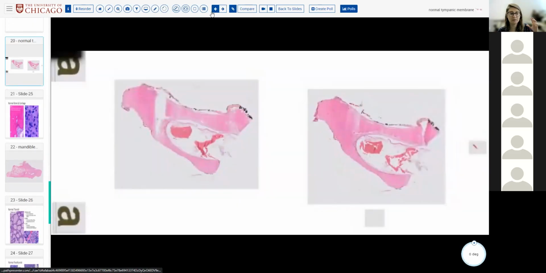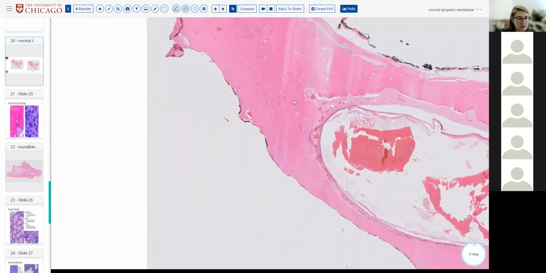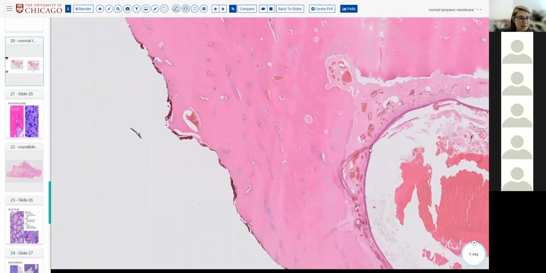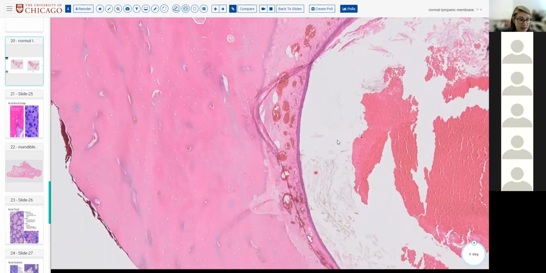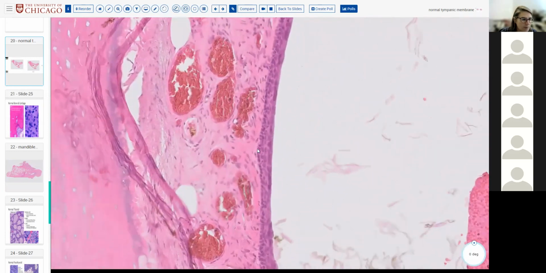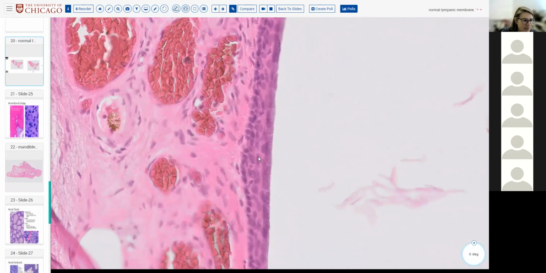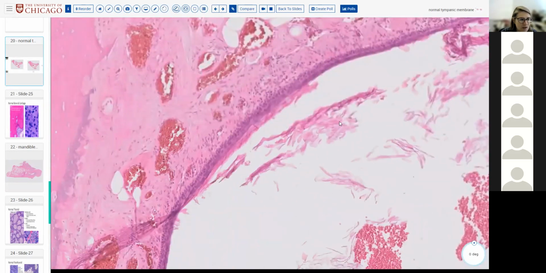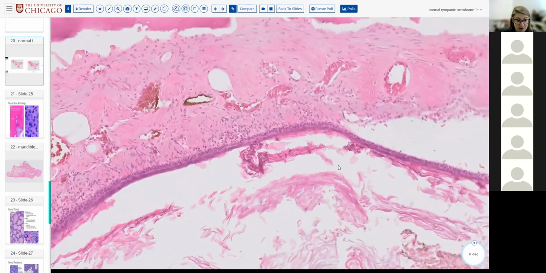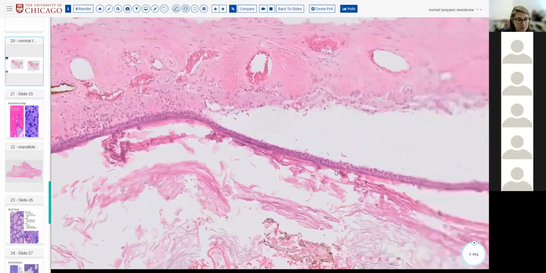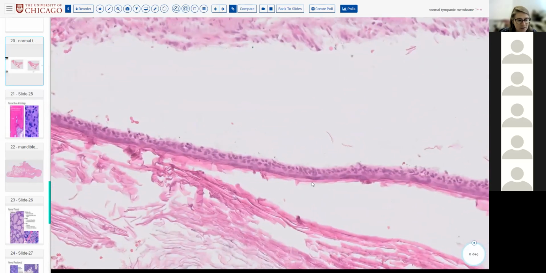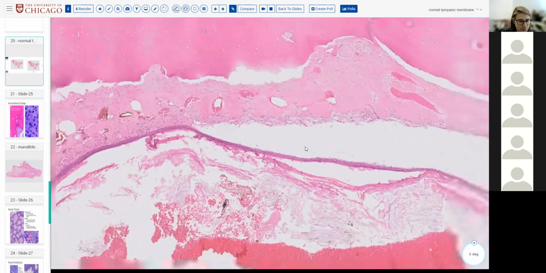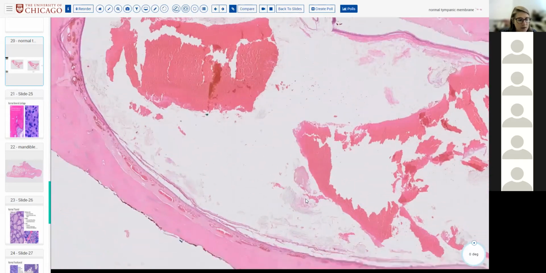When we have auriculectomies with temporal bone for ear cancers, if you're lucky, as in this case, you may see your nice temporal bone with your tympanic membrane here, again lined by a thin, maybe 4 or 5 cell layer stratified squamous epithelium with some nice keratin debris. So this is in fact tympanic membrane.